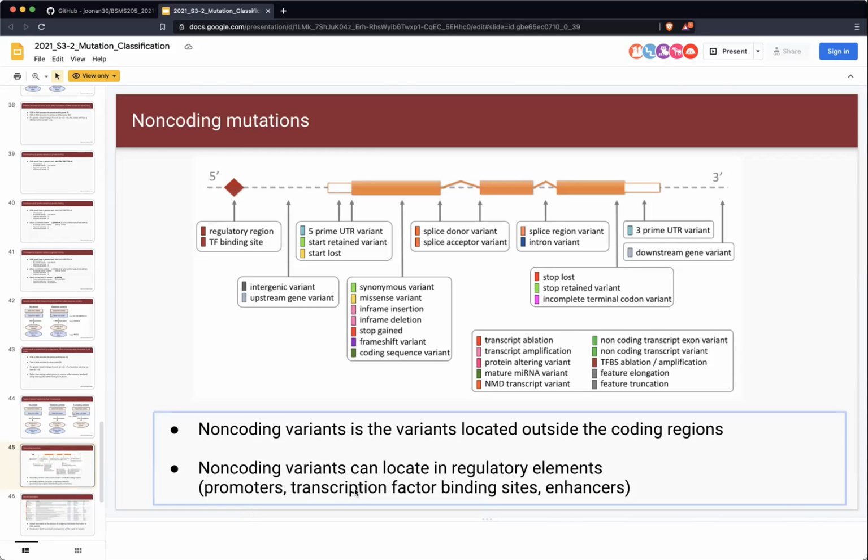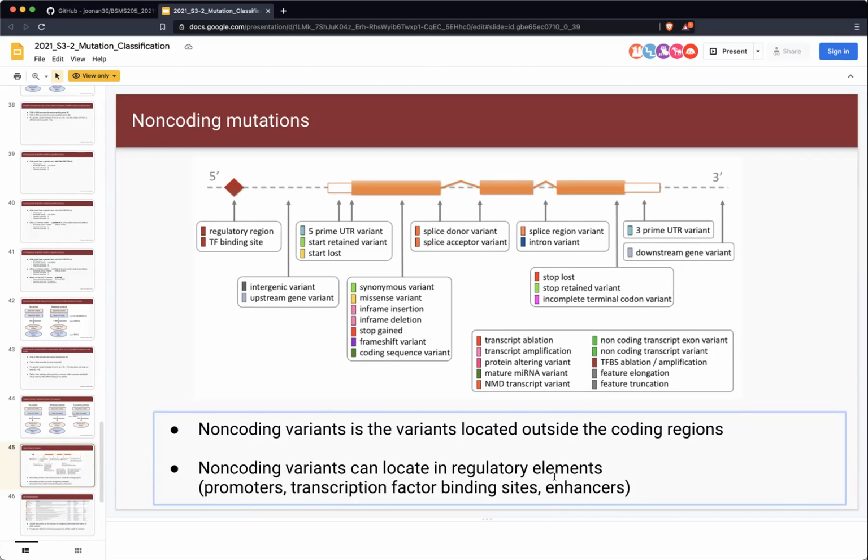When RNA polymerase II binds to that area, accessory proteins bind to the area too, alongside the RNA polymerase II. We call these transcription factor binding sites because those proteins help the transcription. And we also have some regulatory sequences like enhancers, right?